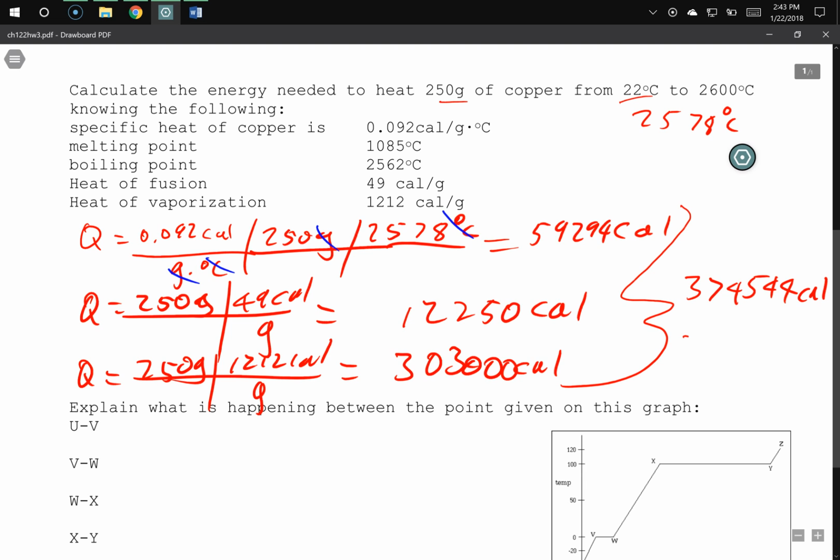So my answer is going to be 370,000 calories. The melting and the speeding up of the atoms barely impacted this total amount of calories, right? Relative to the actual vaporization of the copper, that took so much more energy to do.